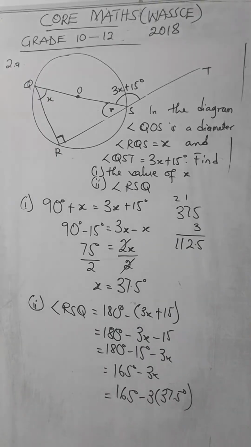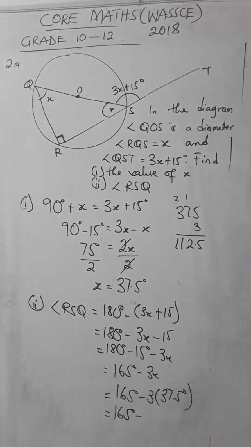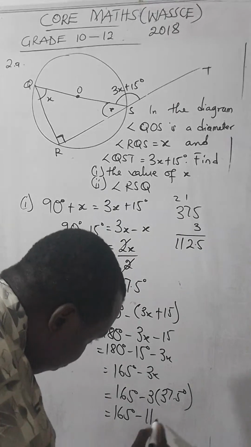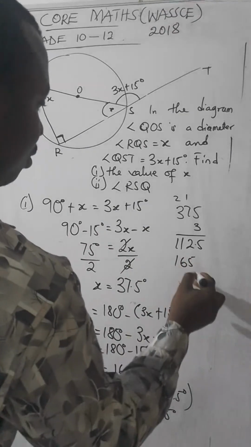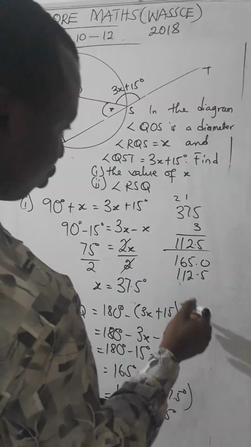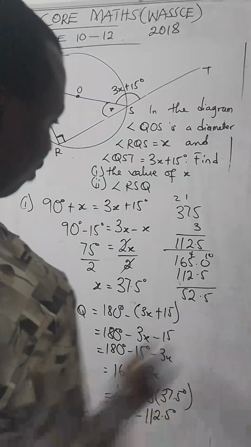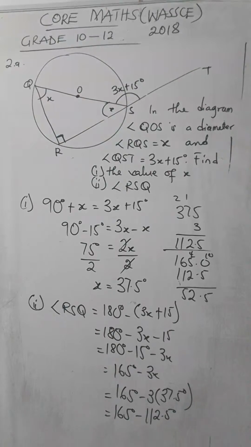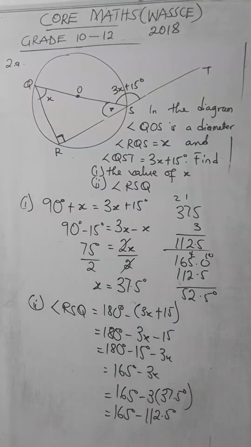So we have here 165 degrees minus 112.5 degrees. So this will give us 52.5. So our answer, angle RSQ will be 52.5 degrees.